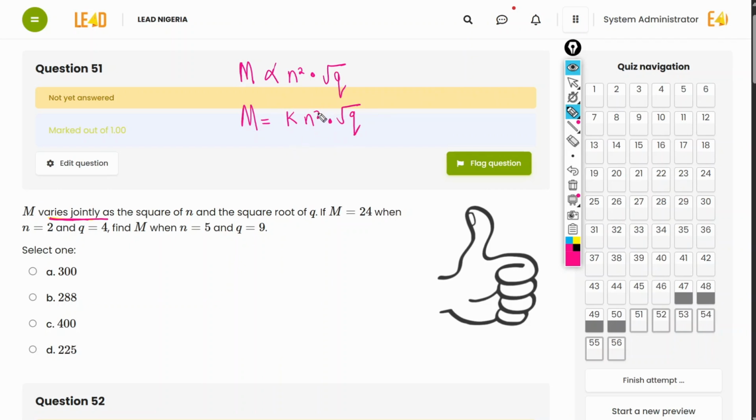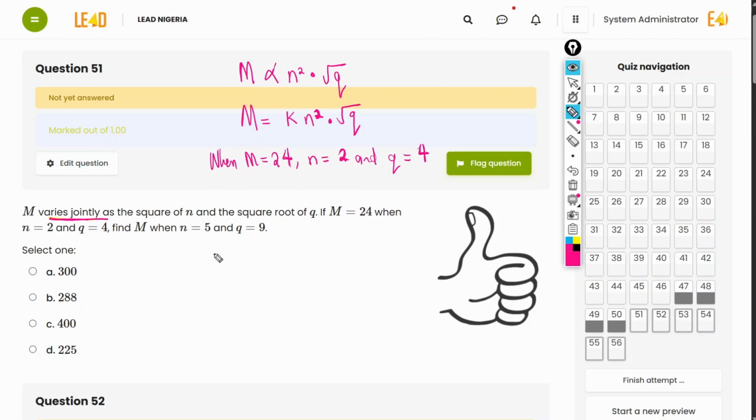Now we can consider what they gave us: when m is equal to 24, n is equal to 2, and q is equal to 4. This is a perfect scenario for us to solve for k, so that we can establish this relationship properly with the constant of proportion.